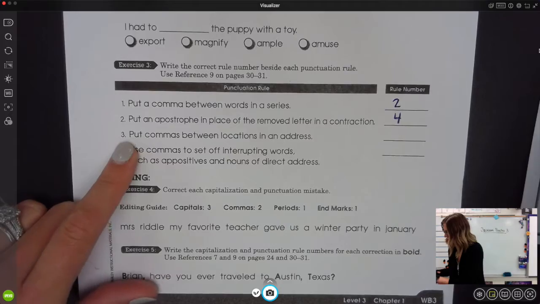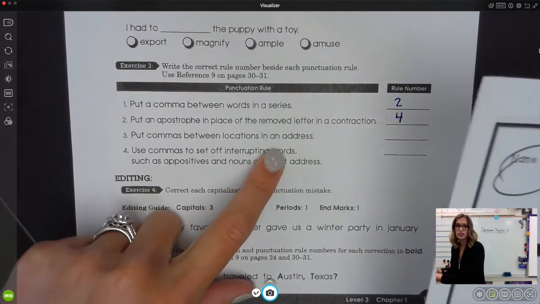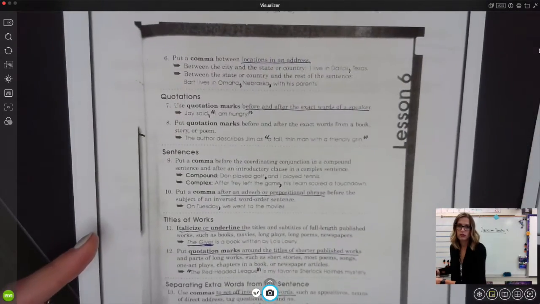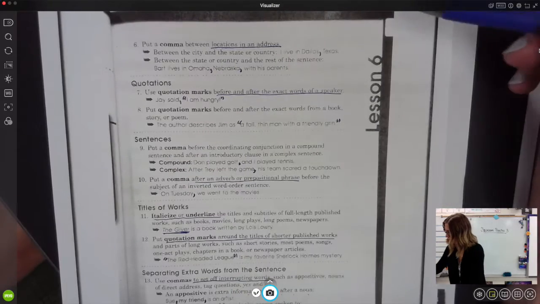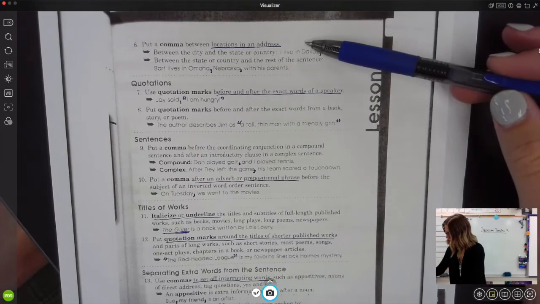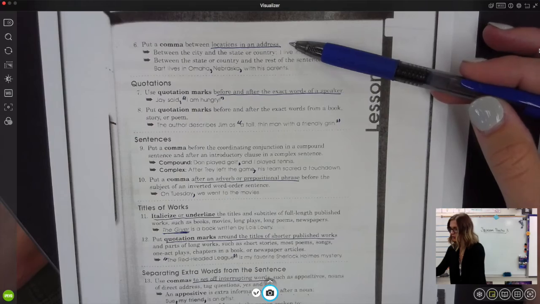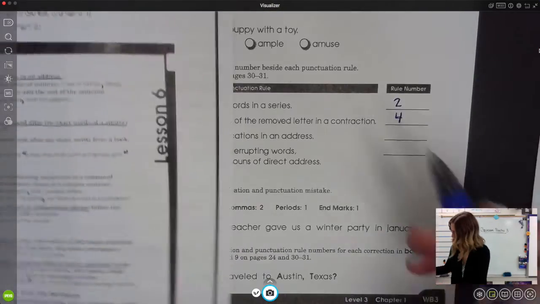Number 3. Put commas between locations and an address. Right here at the top. Rule number 6. Put a comma between locations and an address.